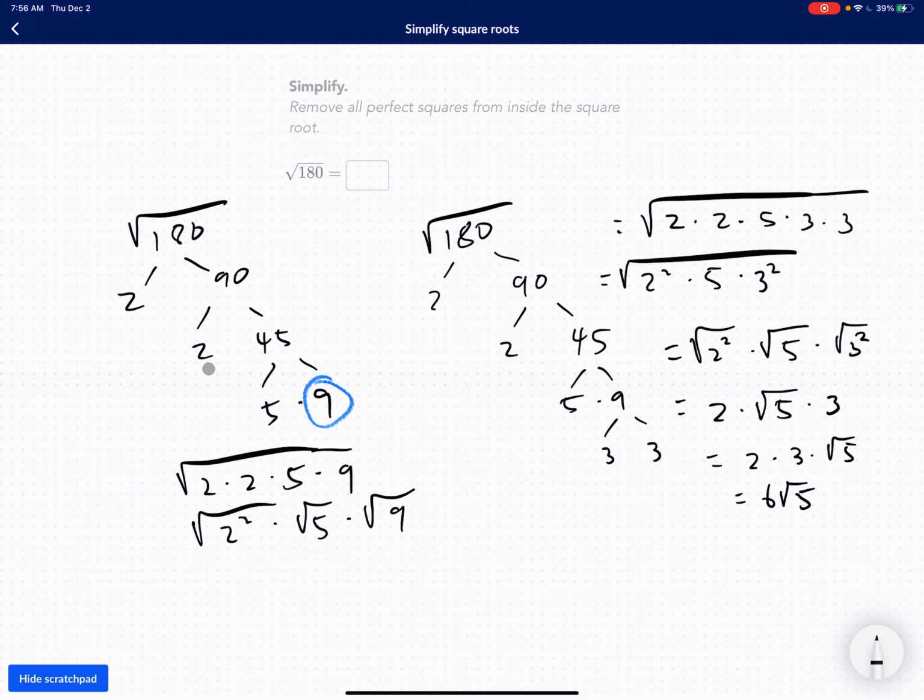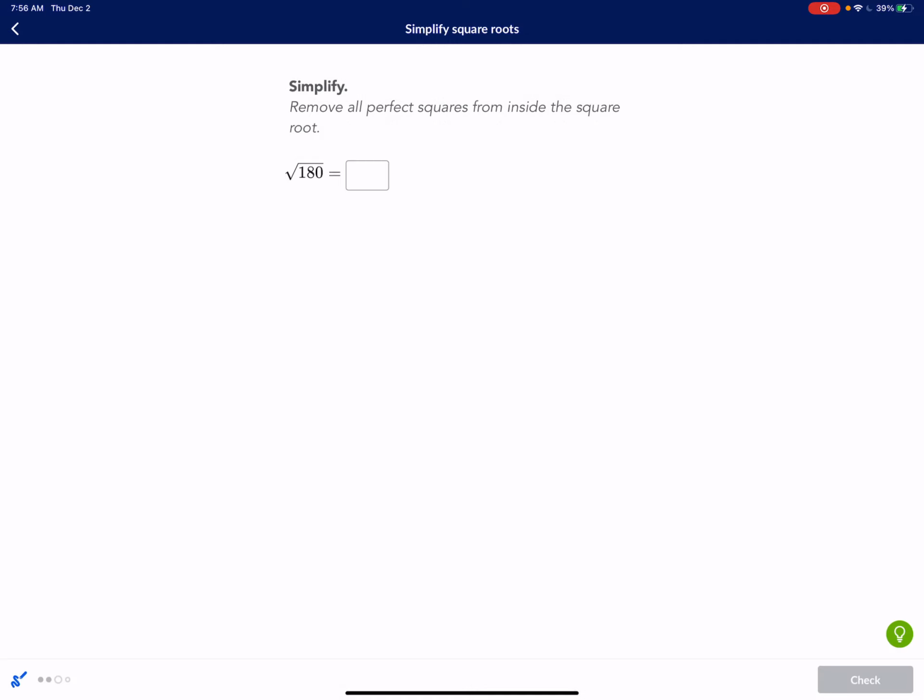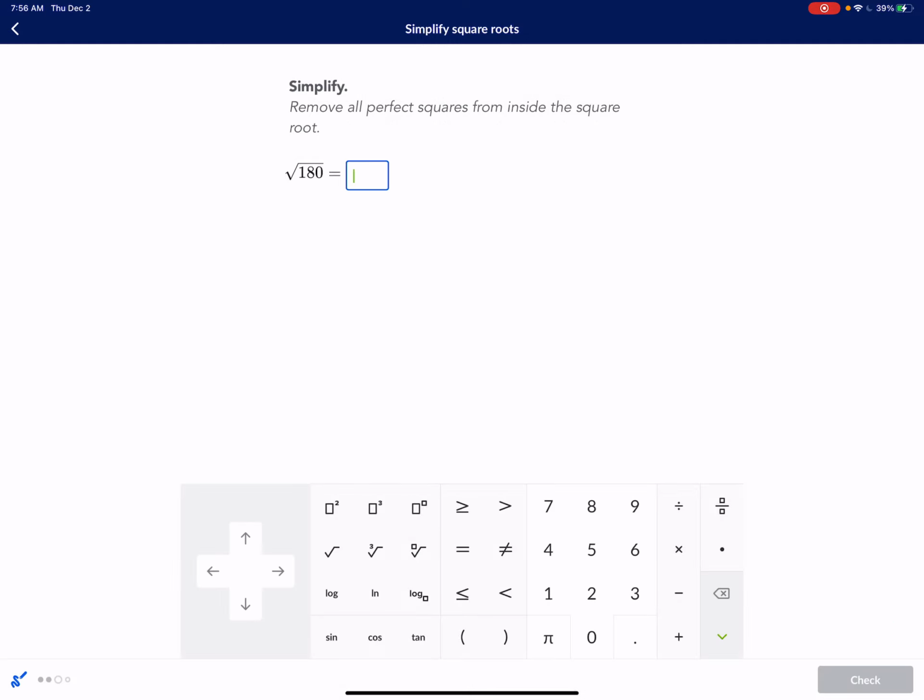Because 2 times 2 is 4, 4 times 5 is 20, 20 times 9 is 180, right? And then square root of 2 squared is just 2 times square root of 5, and square root of 9 is just 3. And then 2 times 3 is 6 square root of 5. And then voila.